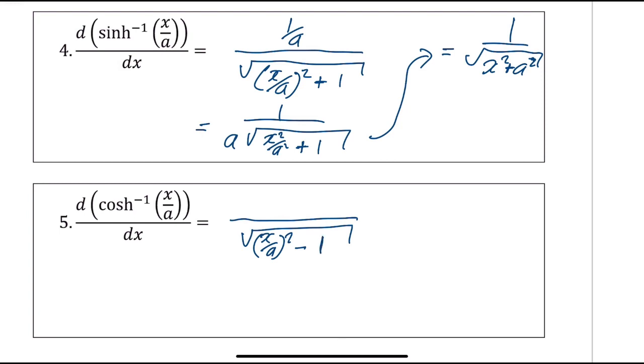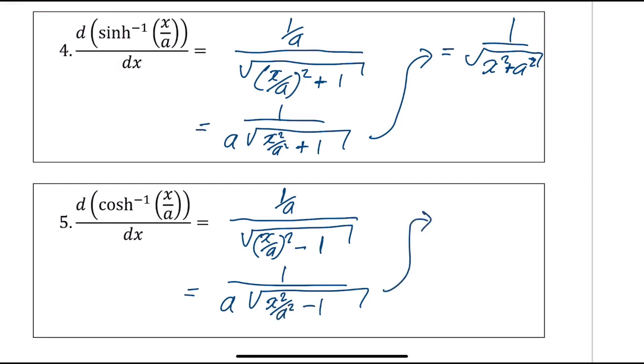And differentiate the top line with respect to the angle, you get 1 over a. So you could write that, put that a onto the bottom line, and then that's just going to become a upon the square root of x squared over a squared minus 1. And then again, that a multiplies in, it becomes a squared inside that bracket. So a squared times x squared over a squared just gives you x squared, and then minus a squared. So that's also what that is equal to.